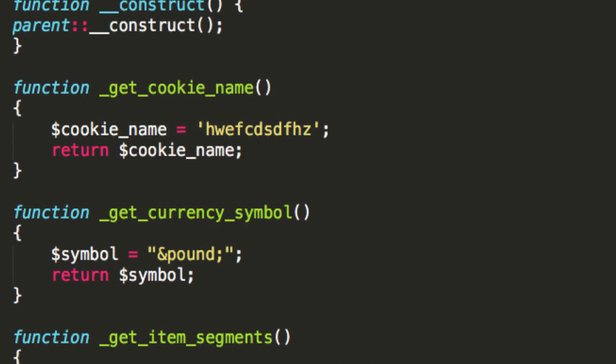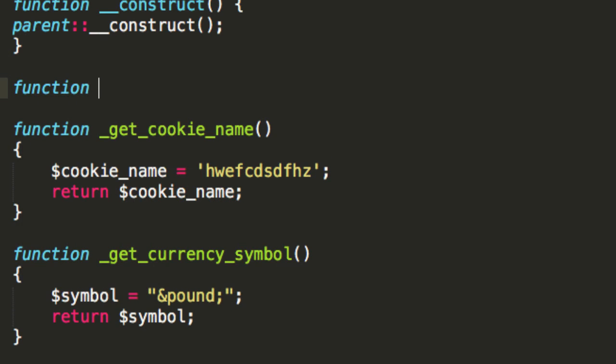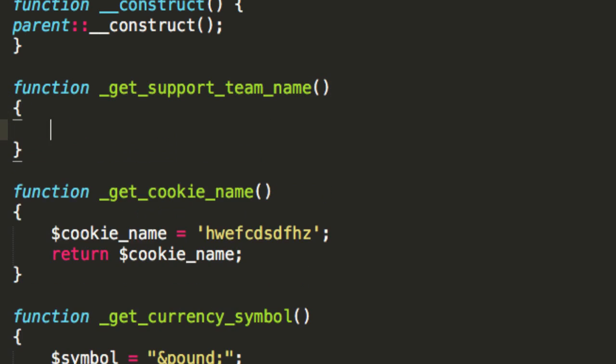So if you could open up the site settings controller, and I want you to build up a function called underscore get support team name. And the idea behind this is when a customer receives a message, an internal message from us, and by the way, this might even be the case with emails, okay?